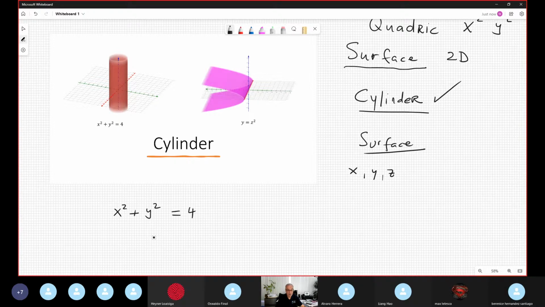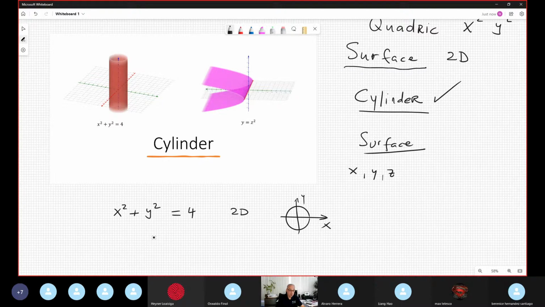Z is missing. See, I asked you, what is this figure? Well, this figure in 2D is a circle. X, Y is a circle. You know very well. But in 3D, no, because z is missing. Therefore, the z-axis, by the way, is the blue color.